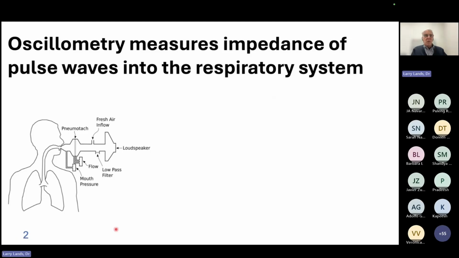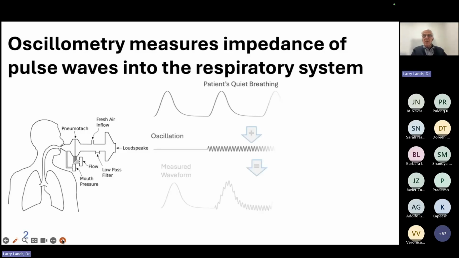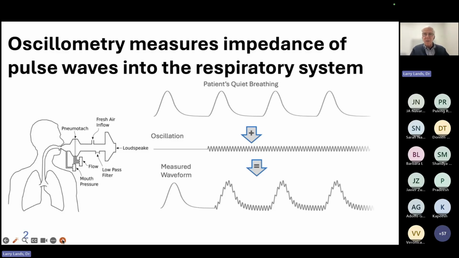All right, so when we're using oscillometry, on top of a patient's quiet breathing, you have these oscillations that are imposed on top of it by the oscillatory device.